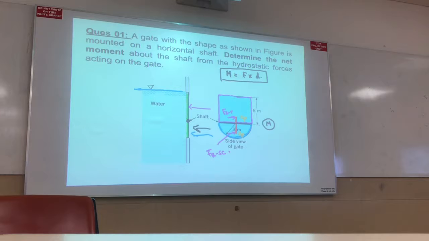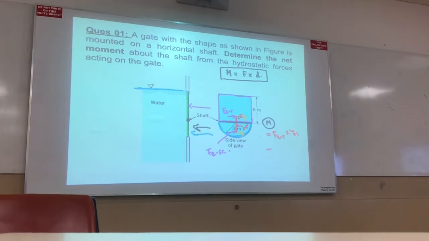This distance we assume y1, and this one y2. Then M becomes Fr of the rectangular shape times y1 minus Fr of the semicircular shape times y2.